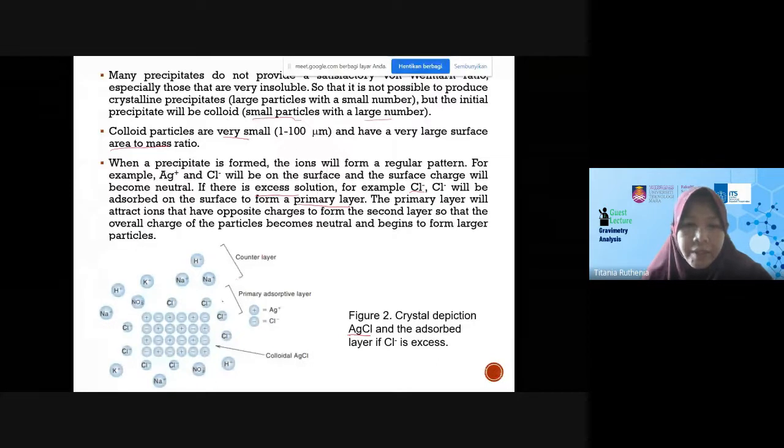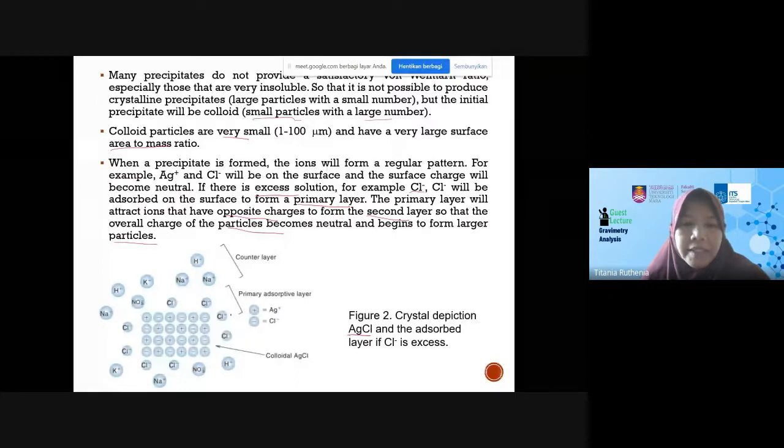So this is the primary layer, Cl minus, and because this is minus, it is not neutral. Because it's not neutral, it will try to attract ions that have the opposite charges to form the second layer, so that the particles become neutral and begin to form larger particles. So this is the primary adsorptive layer.